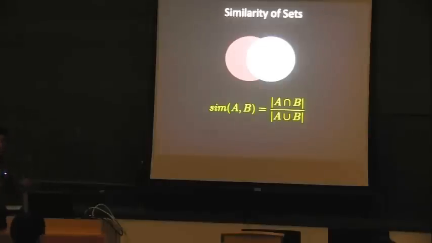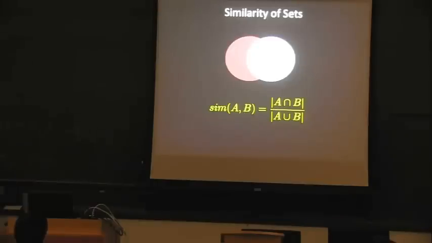Having produced sets, I can now define similarity of 2 sets, and I'll use that as a measure of similarity of the original documents. One reasonable measure of similarity of the documents is the following. Look at how much they overlap. Look at the size of the intersection relative to the size of the union. So henceforth, let's agree that this is the measure of similarity that we'll use. If 2 documents were identical, the sets that they produce would be identical, so similarity would be 1.